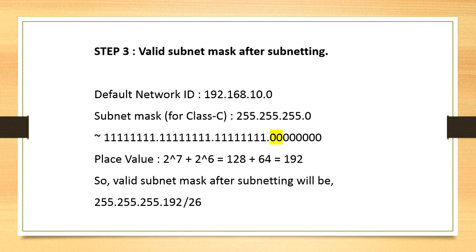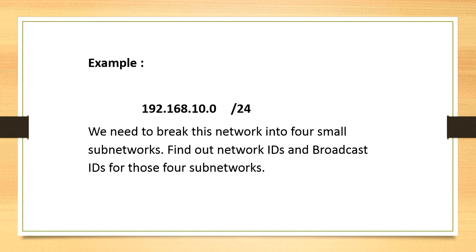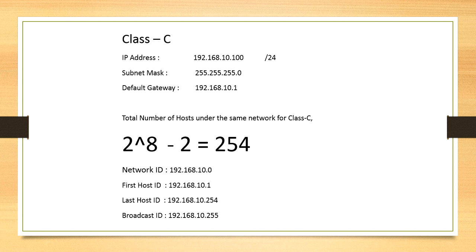Step 3 says the valid subnet mask after subnetting. Let me go back to a previous slide. I would like to show you that in this address, initially when we didn't do any subnetting, the subnet mask was 255.255.255.0, as it was a class C IP address.